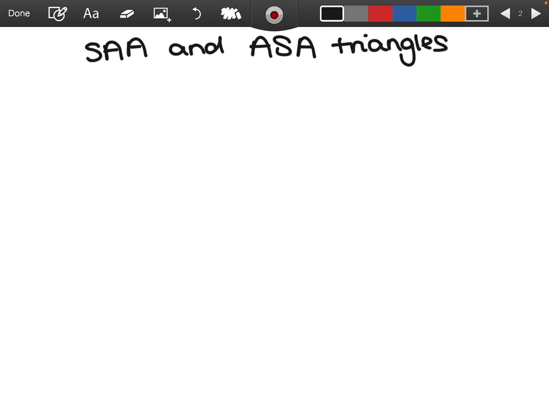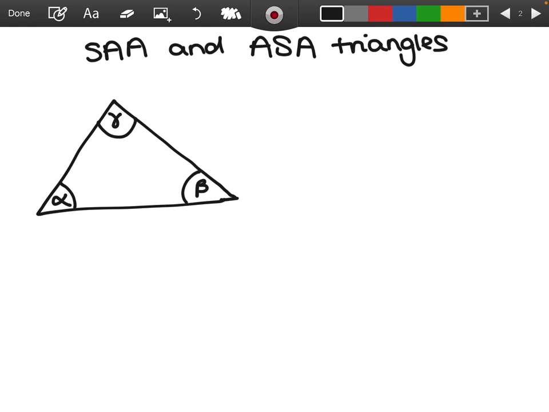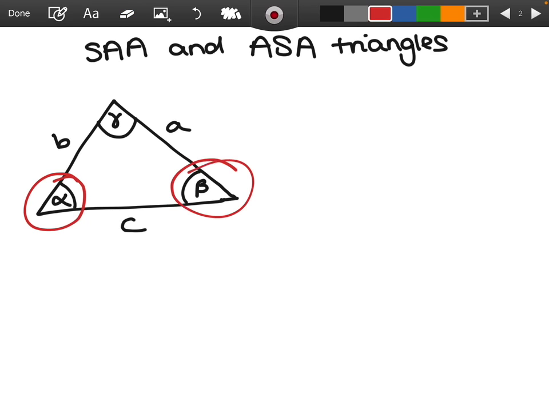What does that mean? It means that given a triangle, I'll draw out the same triangle that I had before. So we have alpha, beta, gamma, A, B, and C. Okay. Side angle angle is what SAA stands for. You are given two angles and a side that is not between the two angles. So let's say you were given the angle alpha and the angle beta.